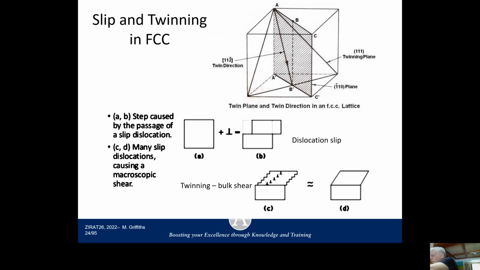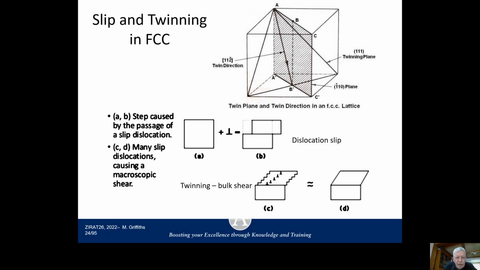I'm going to show you what I mean by that in a minute. It's kind of neat. In so doing, you get a change in orientation, and a different distortion compared to slip. Here I've got one dislocation, but it could be numerous dislocations traversing here, just as we have numerous dislocations here in the case of the twin.